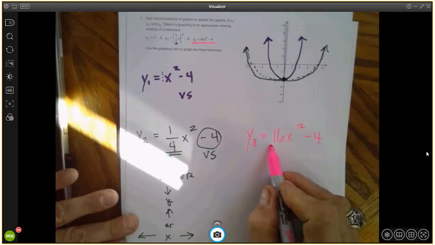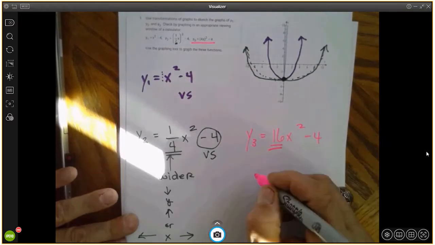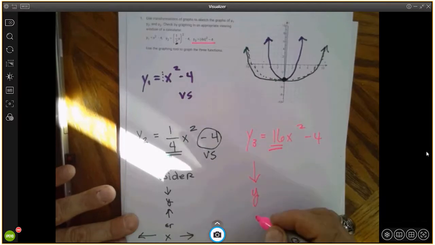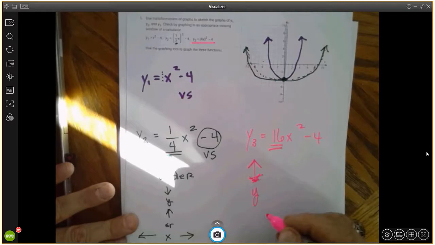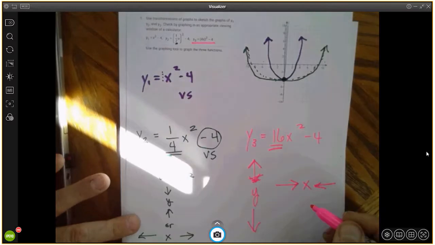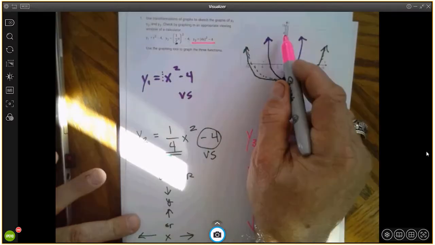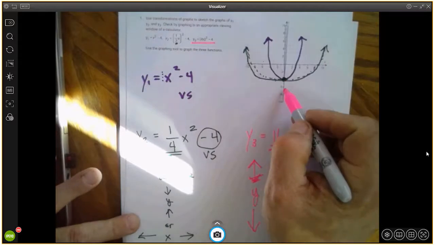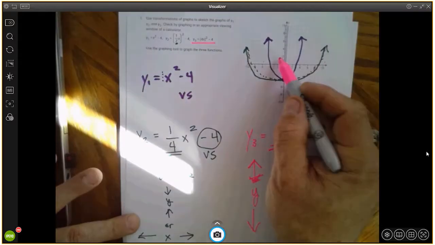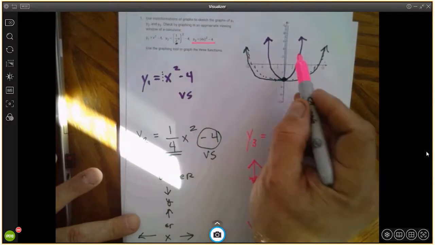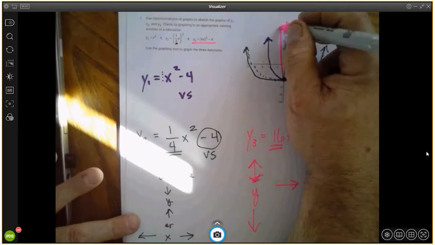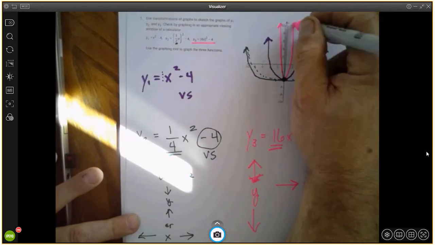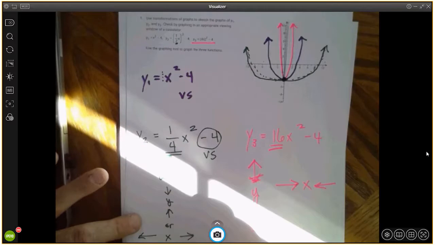Again, you've got the 16, which means it's going to be stretched along the y-axis and compressed along the x-axis, which means if the purple was a balloon and you pinched it and pulled it up that way and pinched it and pulled it down that way, and put your hand this way and compressed, and this way compressed, you would have a balloon that would be very skinny. And those are the 3 answers.